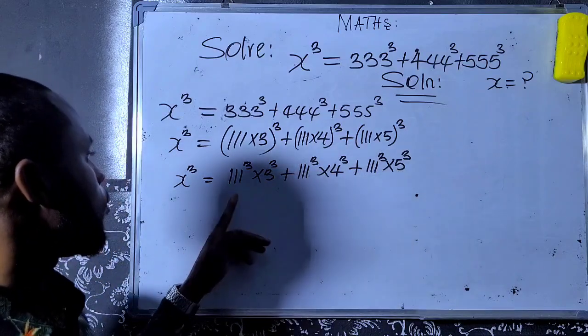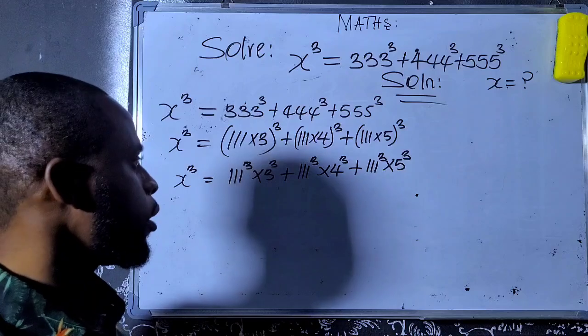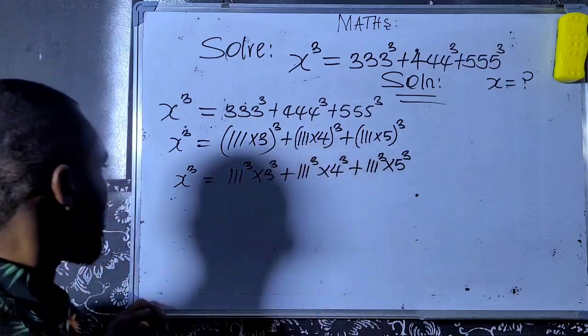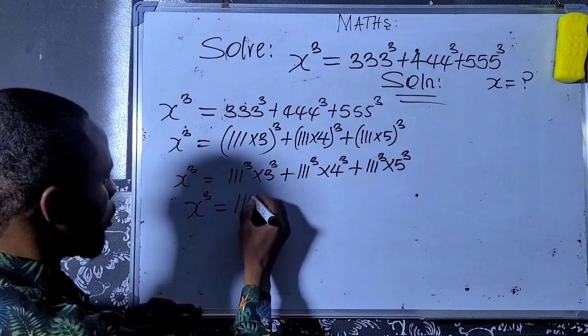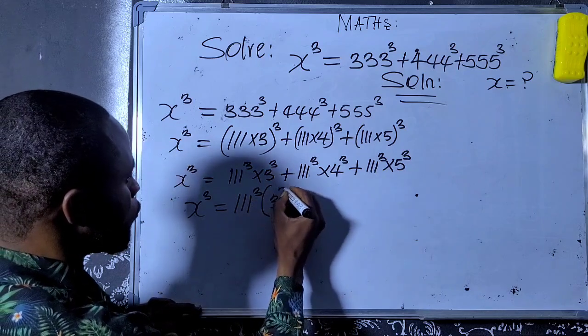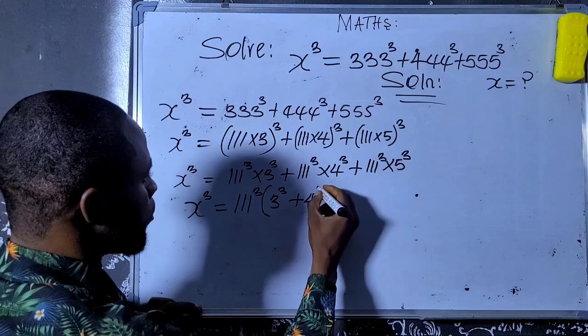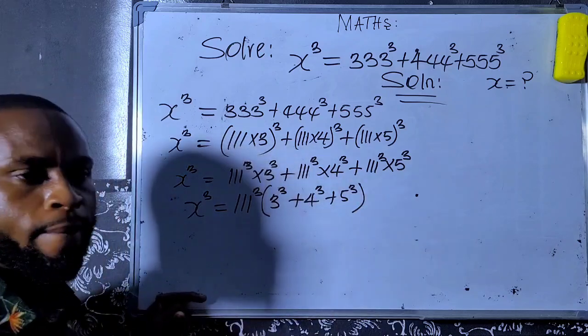Here 111 to the power of 3 is common, so we are going to factor it out, and the equation becomes x to the power of 3 equals 111 to the power of 3 into 3 to the power of 3 plus 4 to the power of 3 plus 5 to the power of 3.